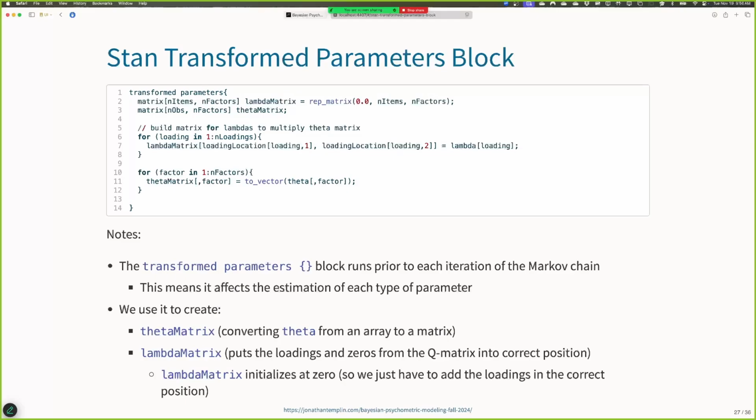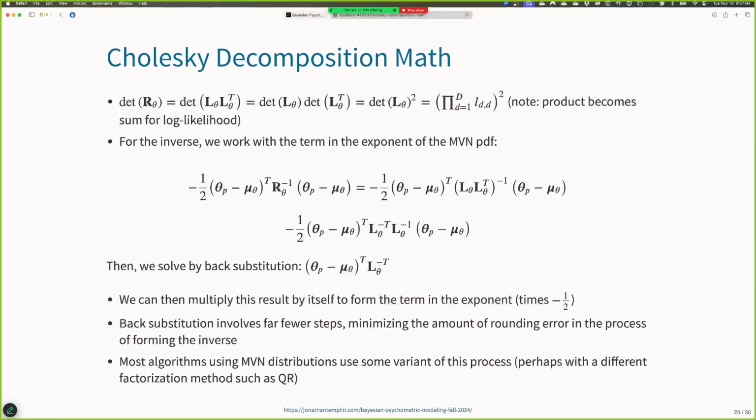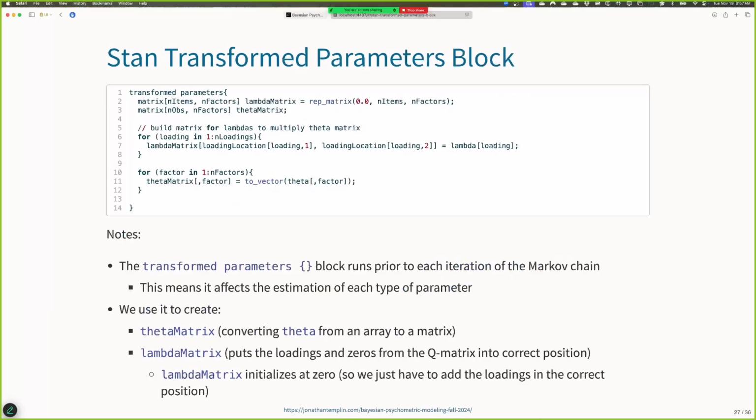And that's a key difference because if you think about what we're doing with our lambdas, in every step of our chain, we're sampling lambda. So each one of these may have a different value. We're going to have to reform our lambda matrix after every iteration. So that's what this step is doing here.